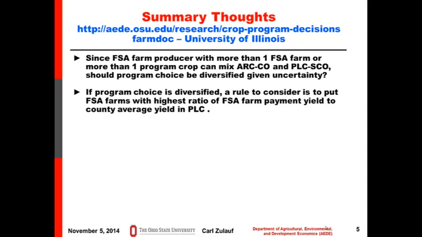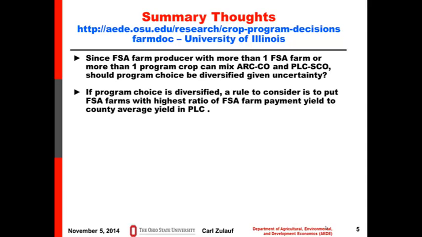Flipping that over, those farms for which the ratio of the county average yield is highest relative to that FSA farm payment yield should go in ARC-CO because the county yield is higher or relatively higher than on other farms.